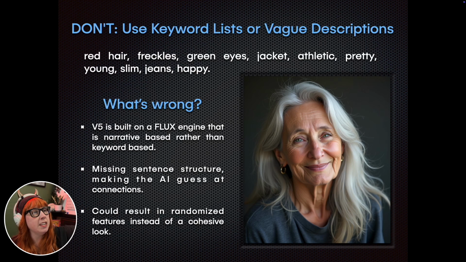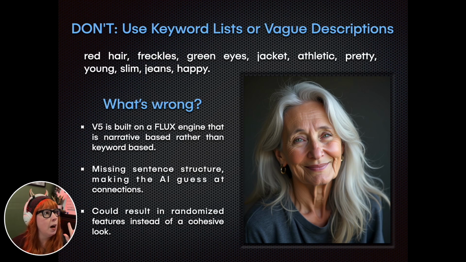So as far as the engine sees, okay, athletic jacket or athletic jeans. It's not saying athletic body, right? It's not connecting the words together. It's just throwing words at the engine and saying, here, put this together. And as we know, that doesn't always go together in the right order.